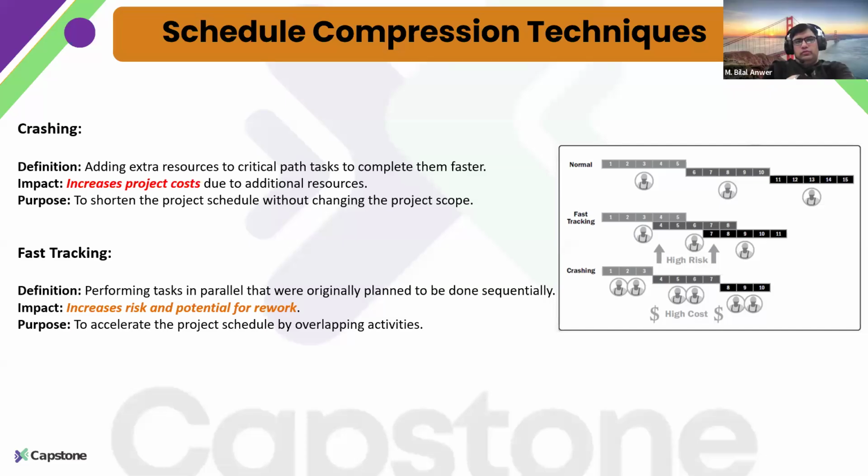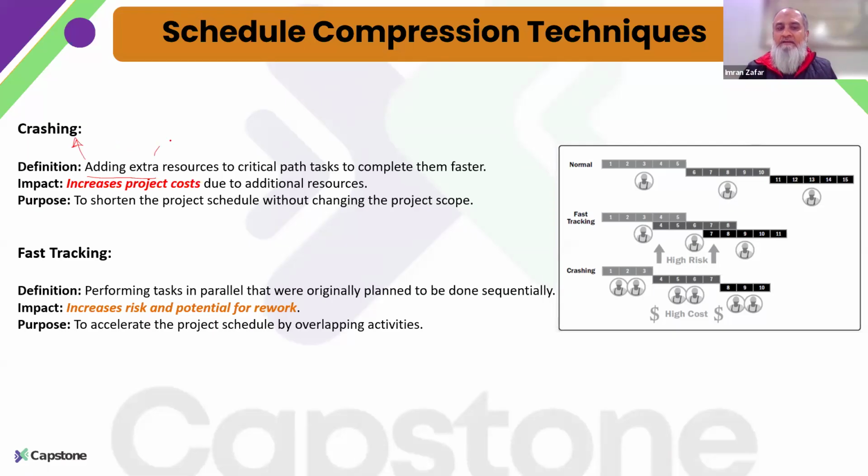Adding extra resources is what we call crashing, when we add extra resources to critical path activities to complete them faster, because this is the only option I have to squeeze my schedule. I can reduce the time frame for my critical path activities.